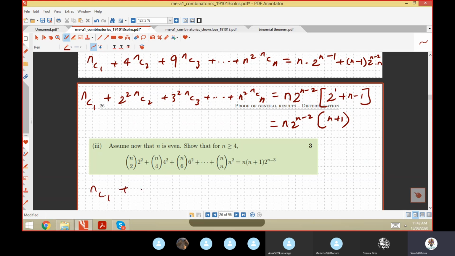Minus 1 plus 3 squared minus 3 plus 5 squared minus 5 plus dot dot dot plus n minus 1 squared and c n minus 1. This is 9, this is 24.